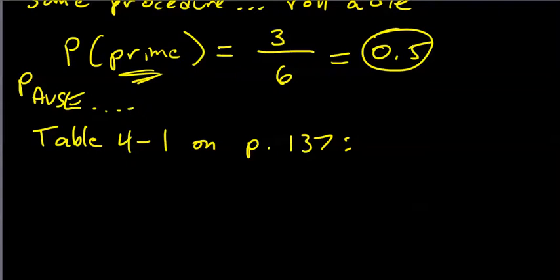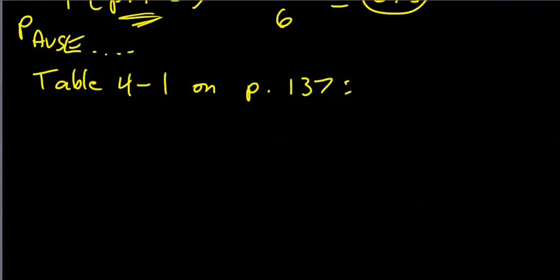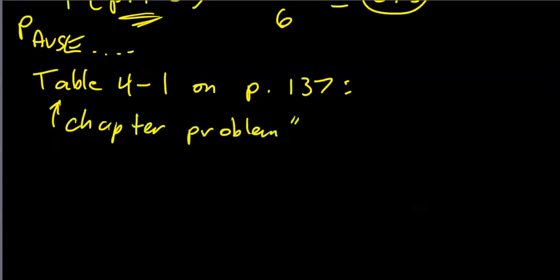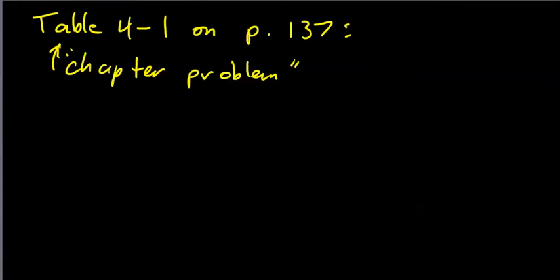Alright. Table 4.1 refers to the chapter problem. Every chapter begins with what they call a chapter problem, which is designed to give you a kind of intuitive feel of what's going on and motivate you to study the rest of the chapter. This table 4.1 on page 137 talks about a lie detector study.